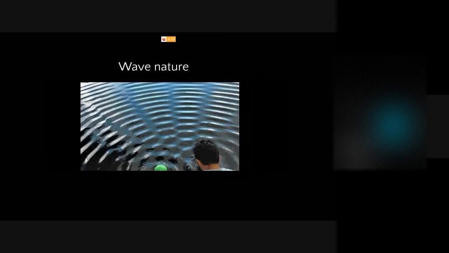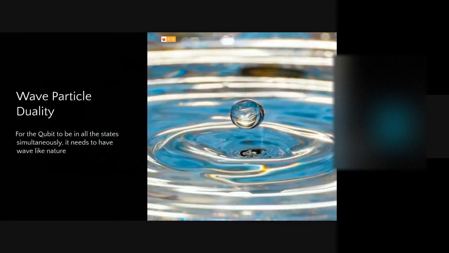So this is the pattern that we get. Initially there is no pattern, and then over a period of time we realize that this is something like the light experiment only. So this proves that electron has wave nature as well. So therefore it means that there is wave particle duality.